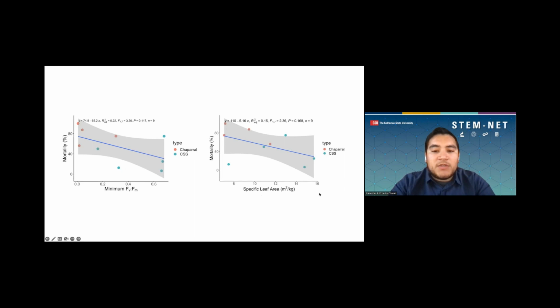We also saw this again with specific leaf area, and we saw that as specific leaf area increased, mortality decreased. Again, the chaparral had higher mortality rates, and they had a smaller specific leaf area.